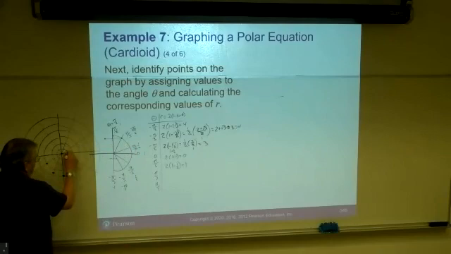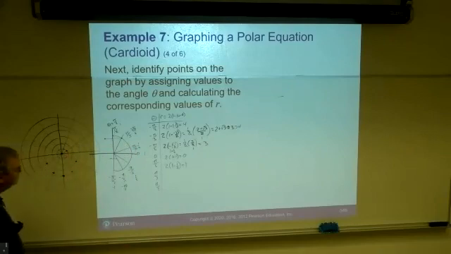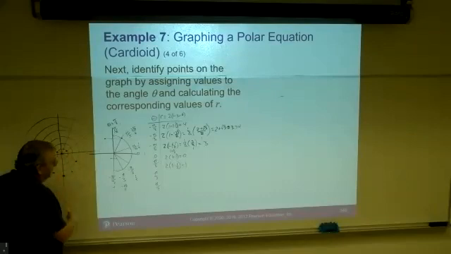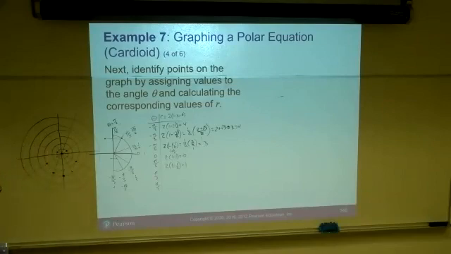So if this comes out to 1, and its image is over here. I did something wrong. What did I do wrong? Because this isn't the picture it's supposed to be.